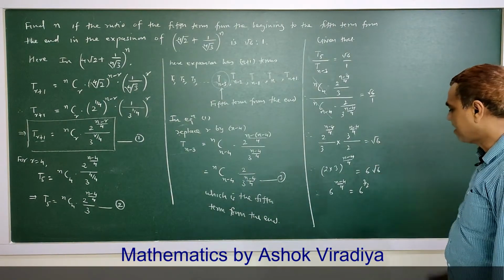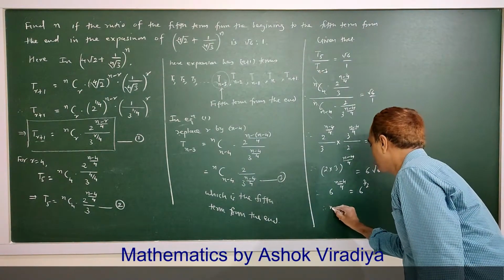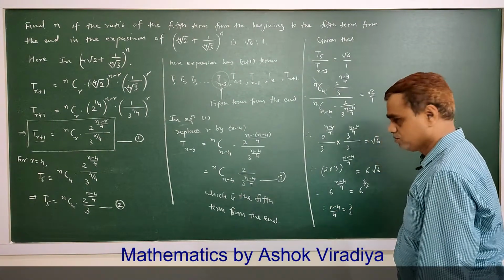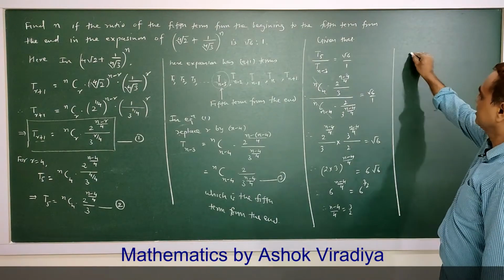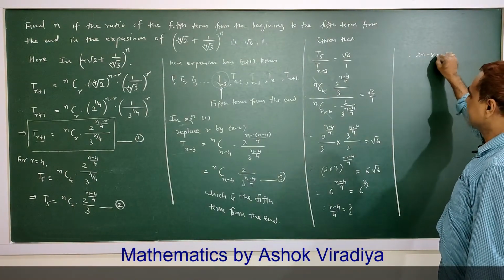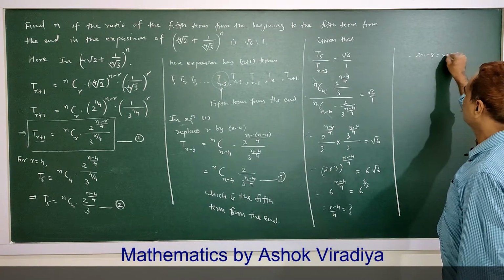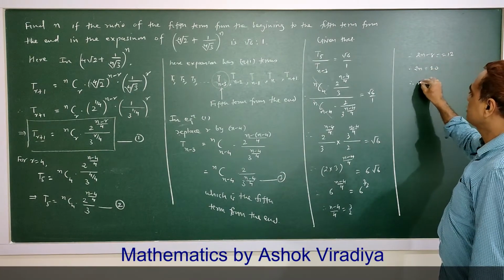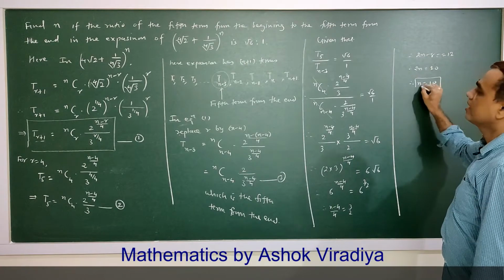This is 1 plus half. So (n-4)/4 is 3 by 2. Therefore 2n minus 8 is equal to 12. So 2n is 20, and the value of n is 10.